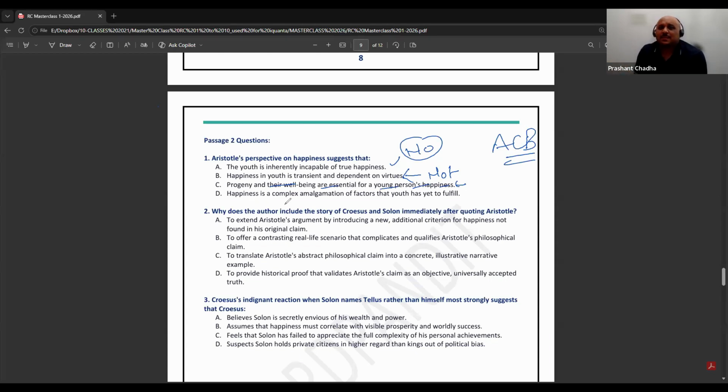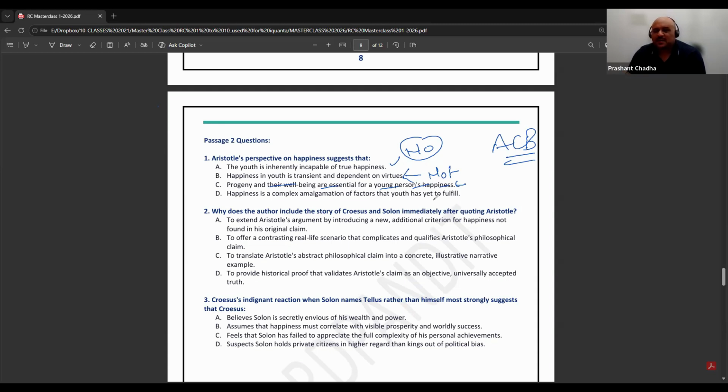Easiest. D, happiness is a complex amalgamation of factors that youth has yet to fulfill. Option number D. Why is option number D incorrect? Progeny is a kid, is your child. So one's kids are one's progenies. So it's a pretty silly option that way.